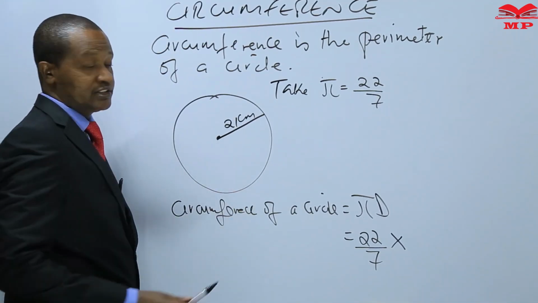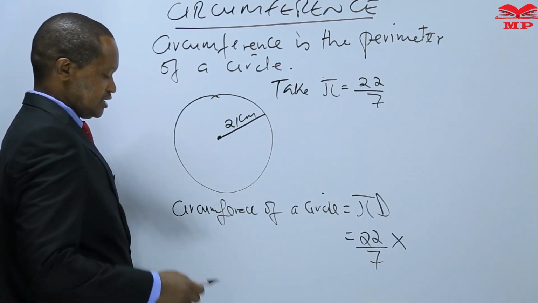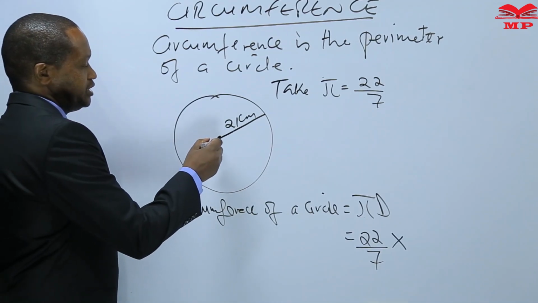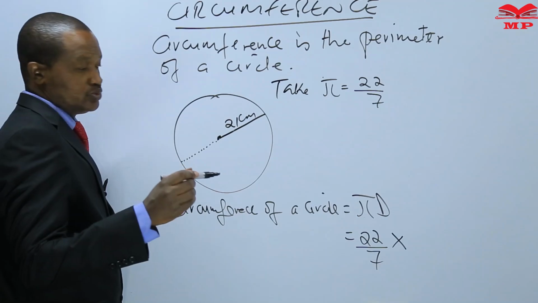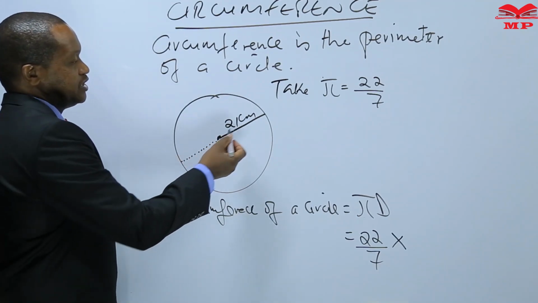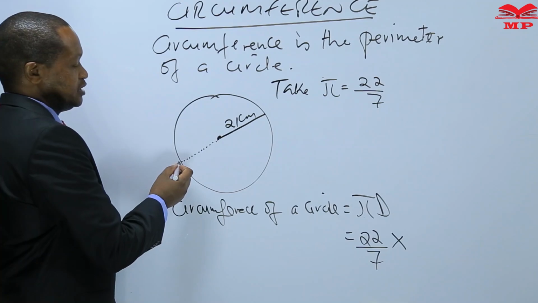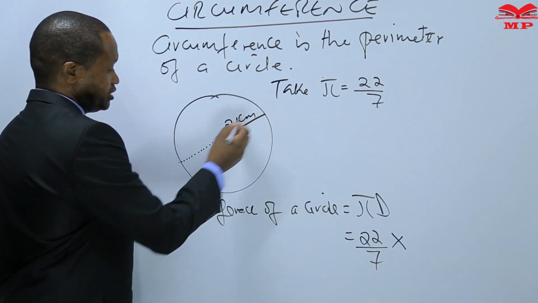In this case, we have the radius. If we have the radius of 21 centimeters, then the diameter will be the radius times 2. So the radius is the distance from this point to this point, and the diameter will be the distance from this point to this point.